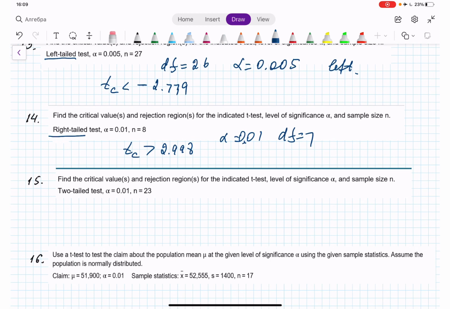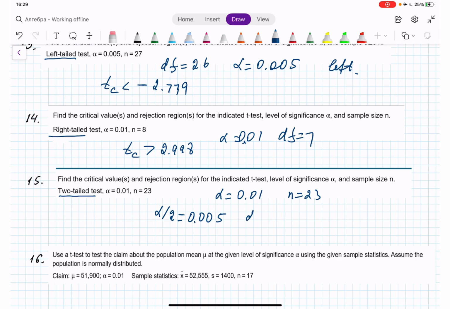Find the critical value and rejection area for indicated test. Level of significance is alpha. So we have two tail. Alpha is equal 0.01, n is equal 23. Because we have two tail test, we are going to divide by half. We take alpha half, it's going to be 0.005, right?